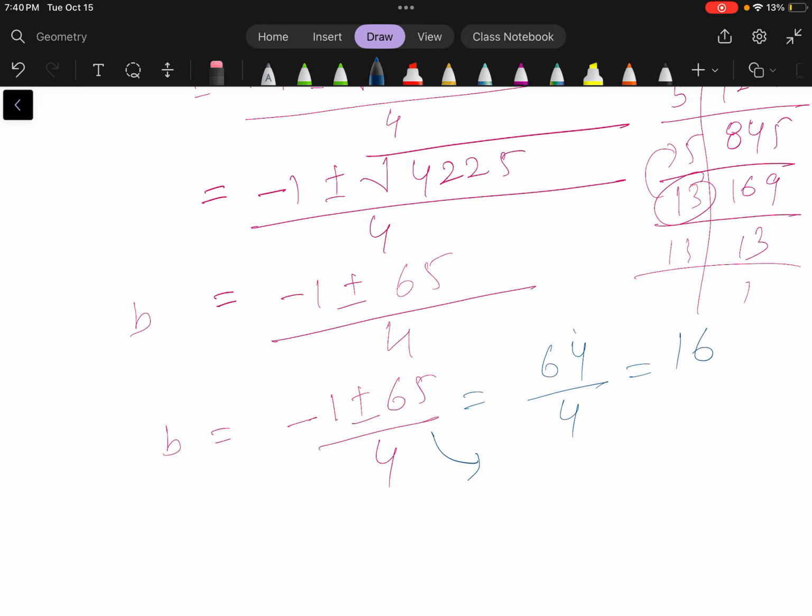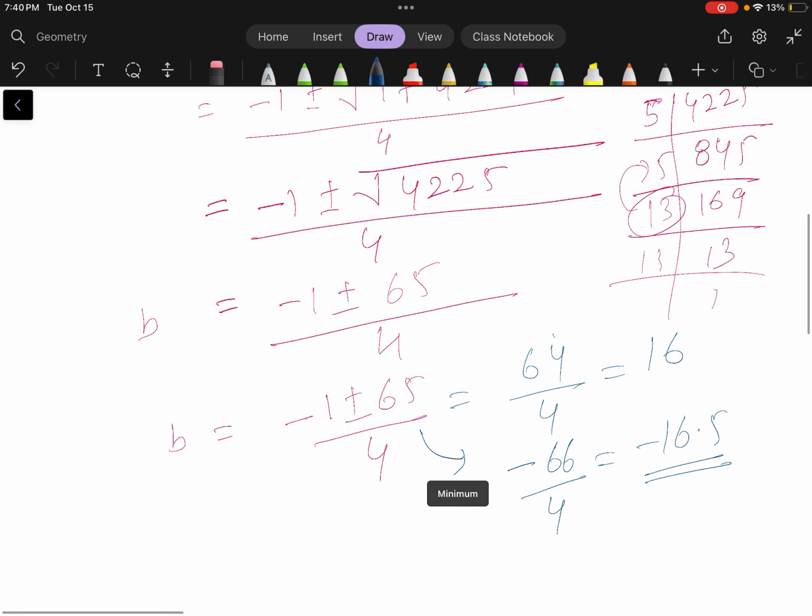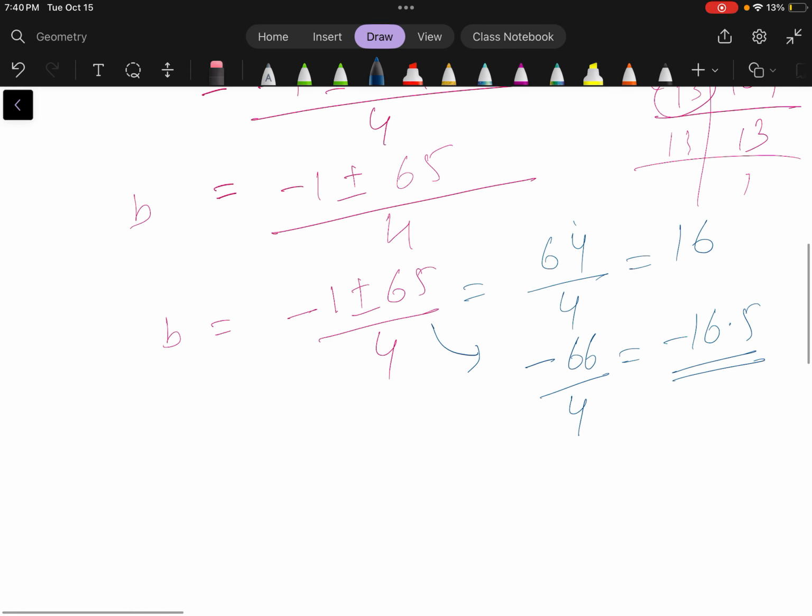When we do the minus over here, the value will be minus 66 divided by 4. So when we solve this one, this will be 16.5. Okay, so we will have two values over here. So value of x is equal to 16 and another value of x is equal to minus 16.5.